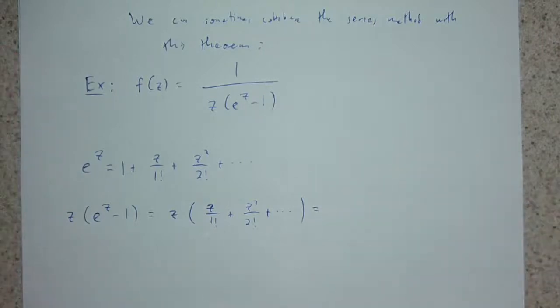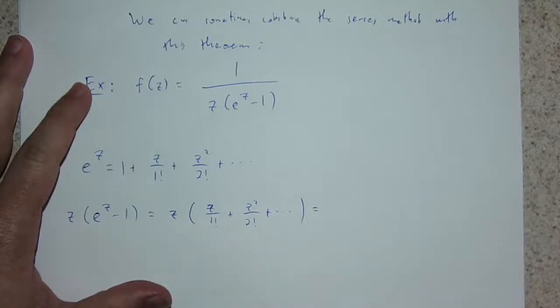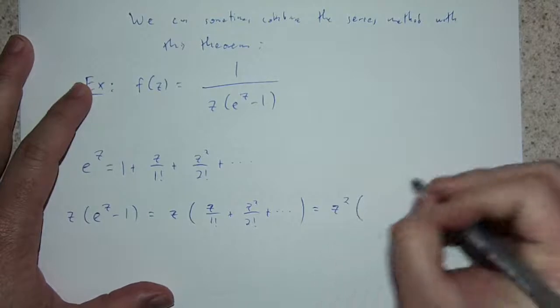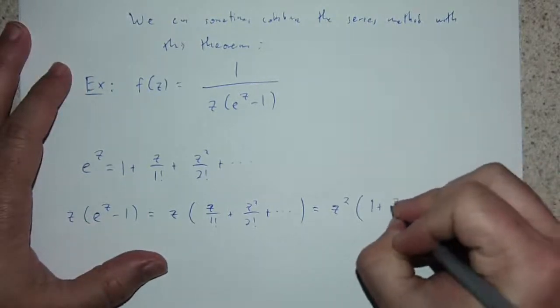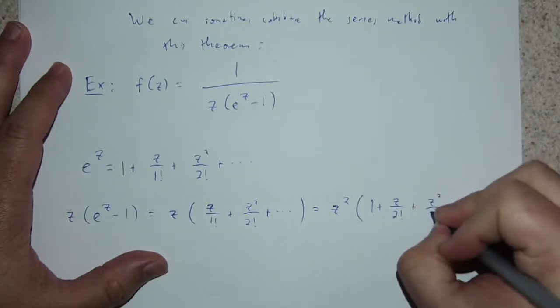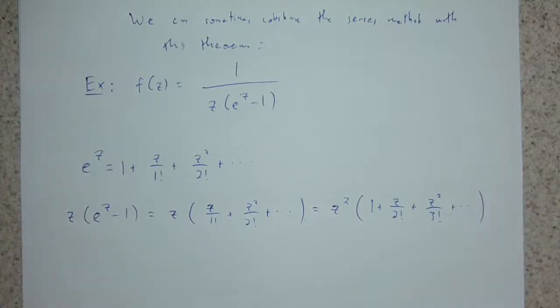Now everything here has a z common to it, so I can factor that out, and this is z squared times 1 plus z over 2 factorial plus z squared over 3 factorial, and so on. And that's valid everywhere too.